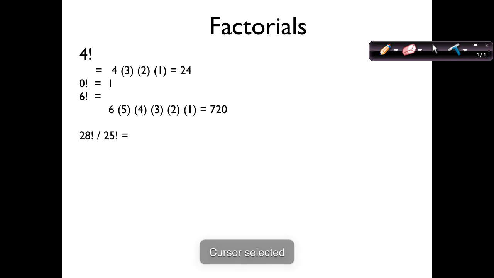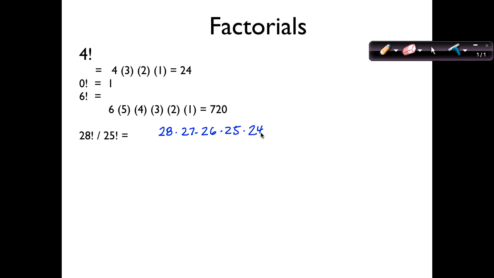All right, so then what would 28 factorial over 25 factorial be? Well, let's take a look. I don't need to write it all out. All I have to do is get the pattern going. But what do you notice about 28 factorial?